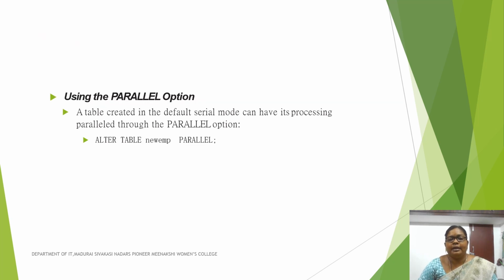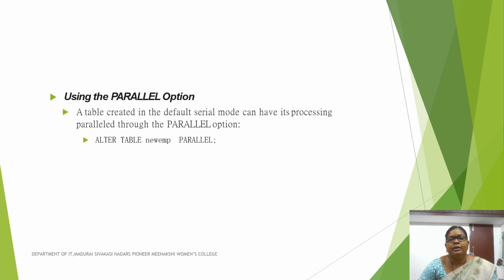Using the parallel option, we already discussed it, but here I forgot to mention the parallel option at the time of creation. But I want to continue the parallel option for further processing at table manipulation. This is to make the process faster.